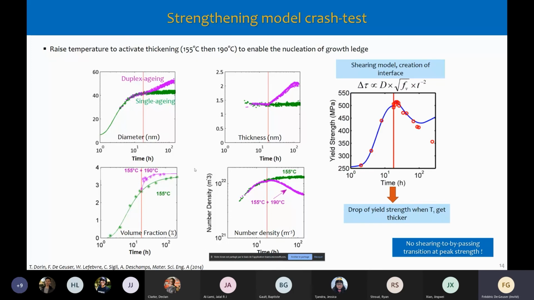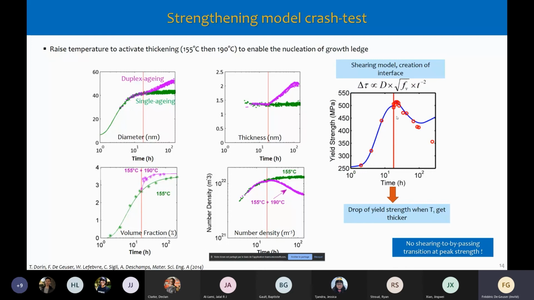Well, if you do this, we see that we can actually reproduce the yield strength by a very simple model, which is represented in blue here, which is only a shearing model where when you shear your precipitates, you create a new interface.